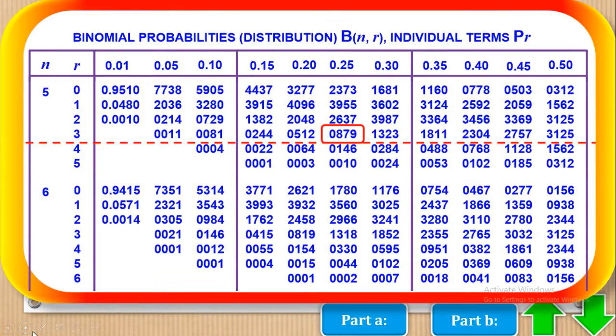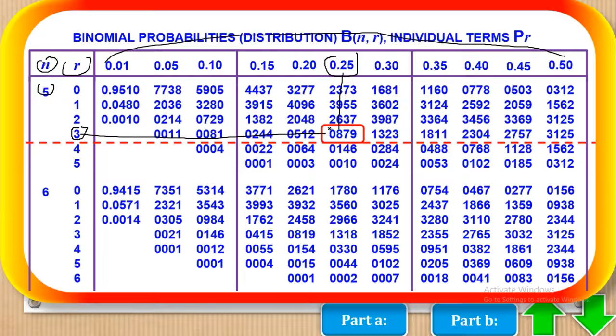If you come to the binomial distribution table, this is n, so you look for 5, which is this. Then r, they said 3, which is this. Then the probability of success, from here up to here, these are values of the probability of success. So the probability of success was 0.25. Now the intersection is what becomes the probability of interest.